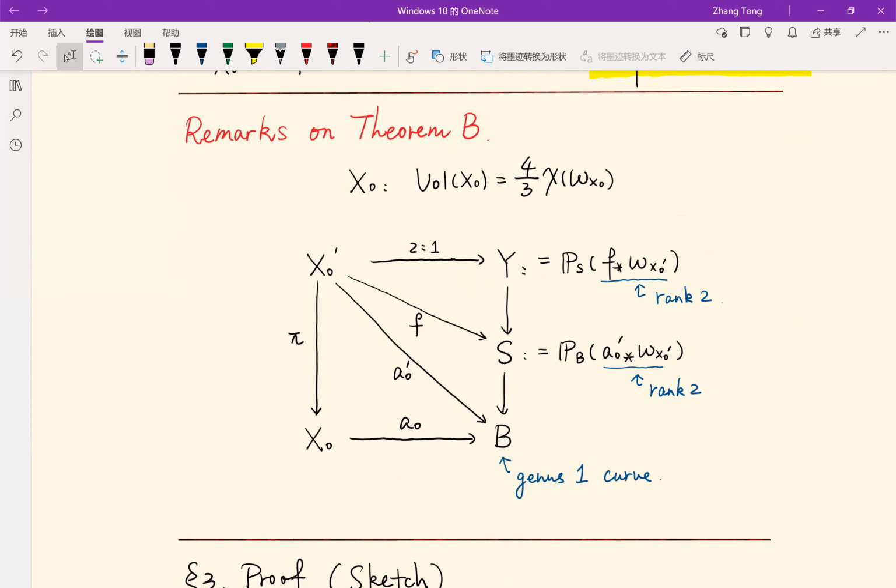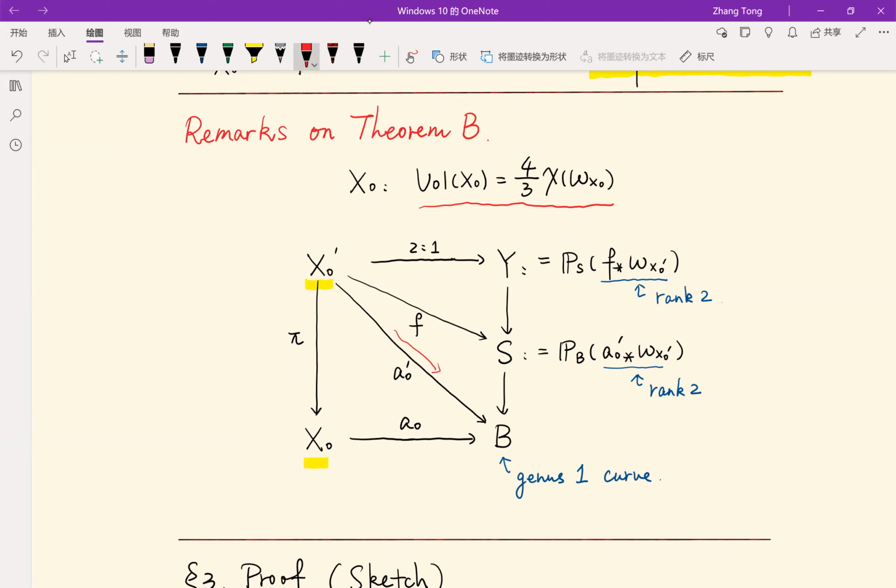Okay, suppose I have a canonical model of a threefold, and which satisfies this equality. So the structure of the threefold is here. So this is the original threefold I want to consider. So I choose a blow up along the section, and then I have this A naught.